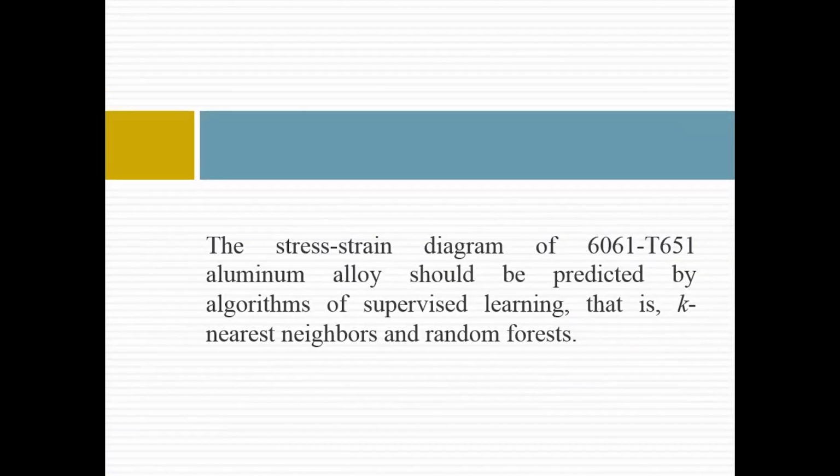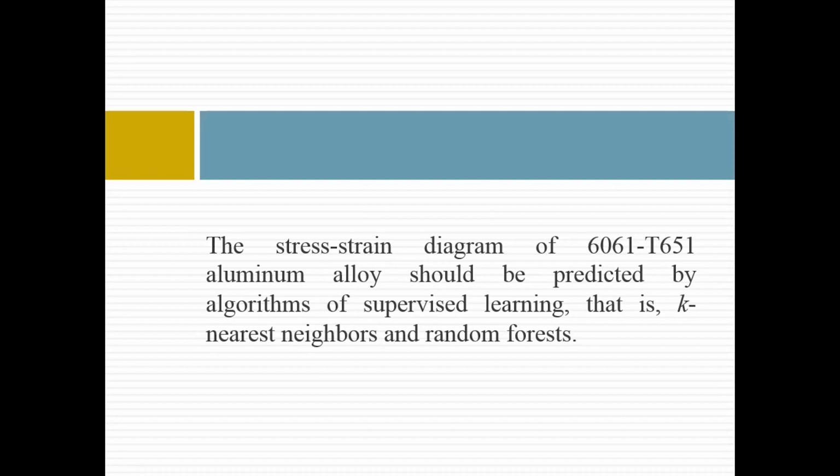Many scientists apply various machine learning methods to fracture mechanics, in particular to predict fatigue crack growth, determination of stress intensity factor, and estimation of stress-strain diagrams of aluminum alloy.